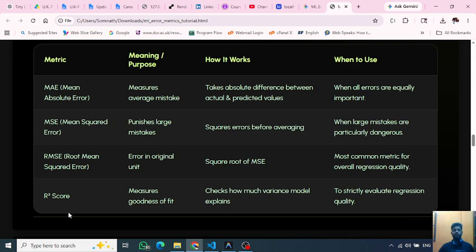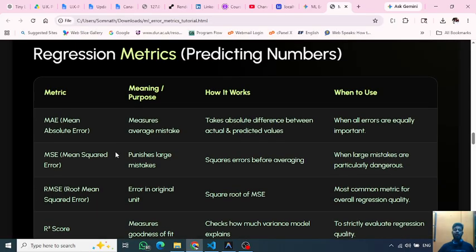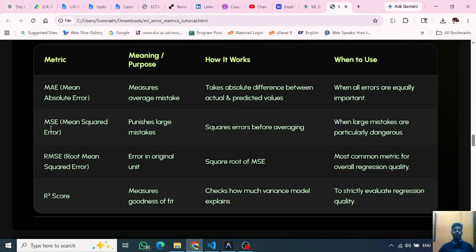So these are the different types of metrics for regression: MAE, MSE, RMSE and R square. I will explain all these things later when I create an ML model. Just remember this: when to use what metric.